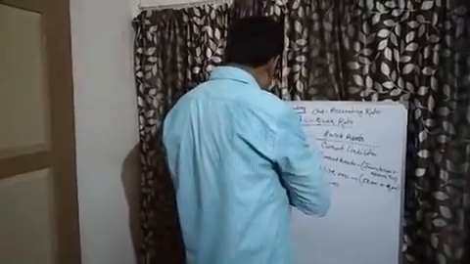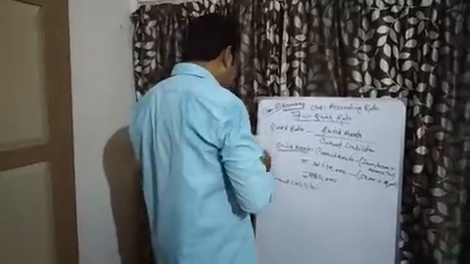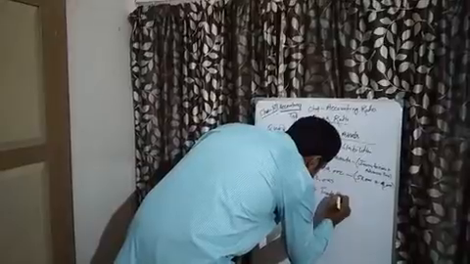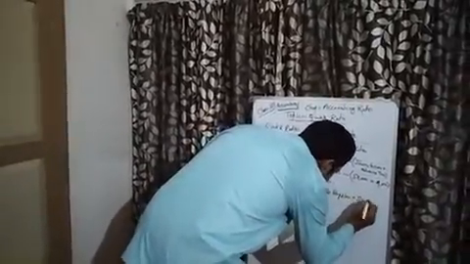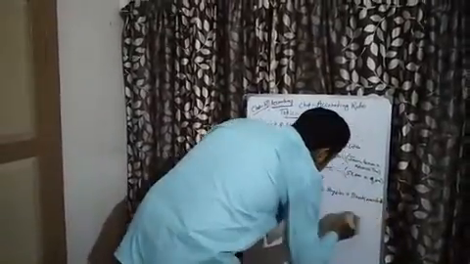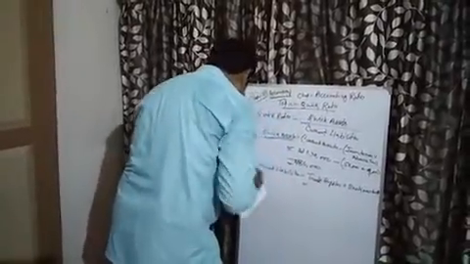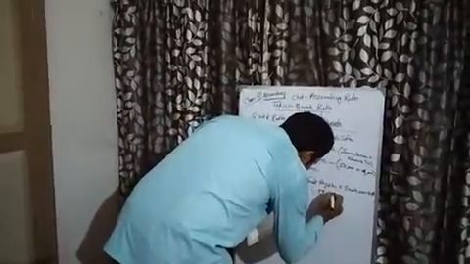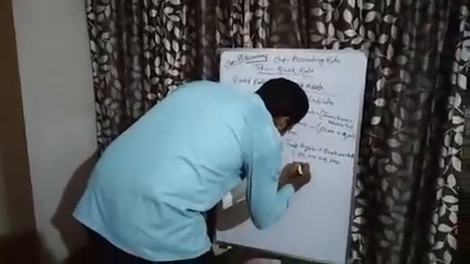There are trade payables plus bank overdraft. These two are the current liabilities given in the example. The trade payable is 1 lakh, plus 4,000, so 1 lakh 4,000.